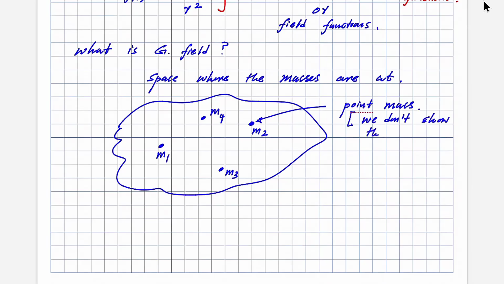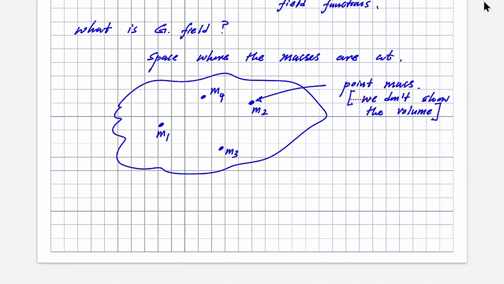But the mass is there. Volume is neglected, considered to be zero. Hypothetically, right? Okay.